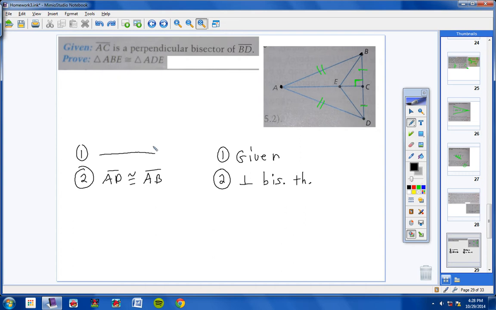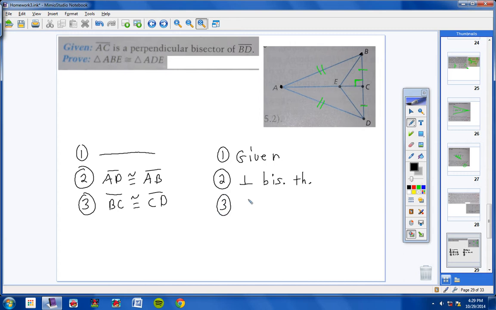Okay, students, now moving on. Next, look what else we can state here. We can state that BC is congruent to CD. Now, we already had that marked over here, okay? But we never stated that BC was congruent to CD.